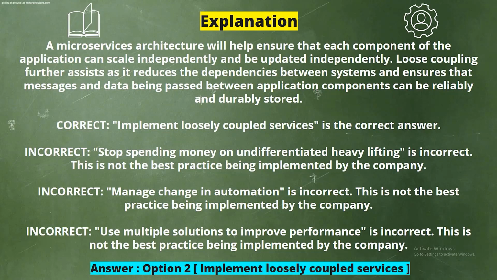Incorrect, stop spending money on undifferentiated heavy lifting is incorrect. This is not the best practice being implemented by the company. Incorrect, manage change and automation is incorrect. This is not the best practice being implemented by the company. Incorrect, use multiple solutions to improve performance is incorrect. This is not the best practice being implemented by the company.